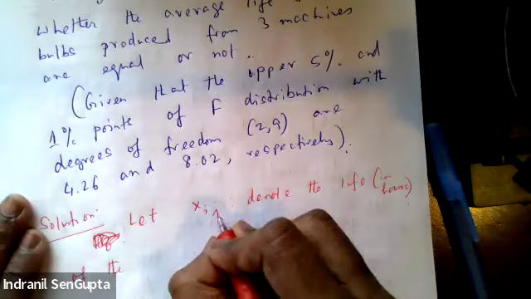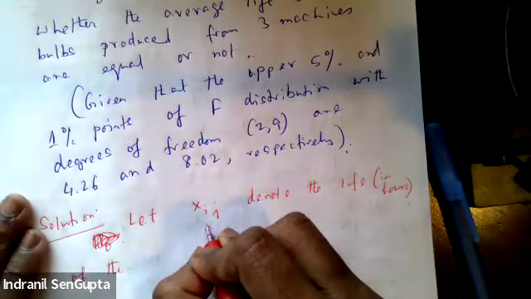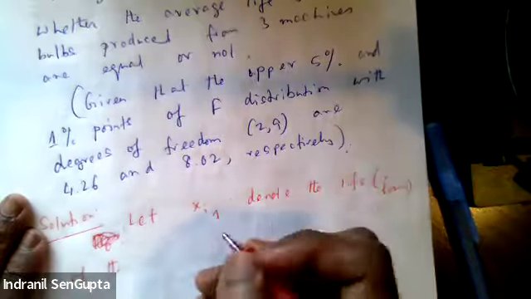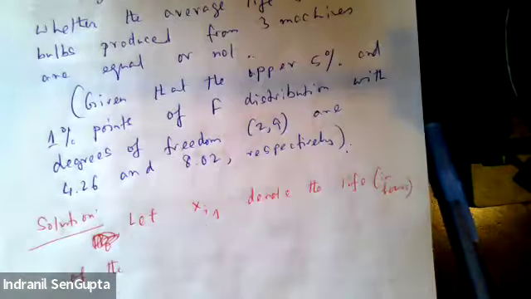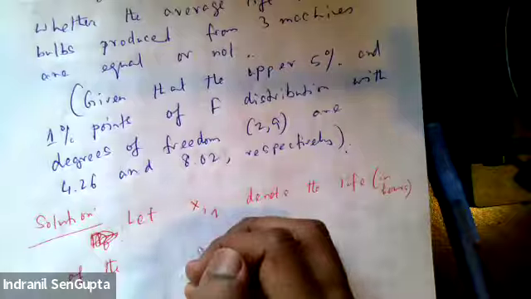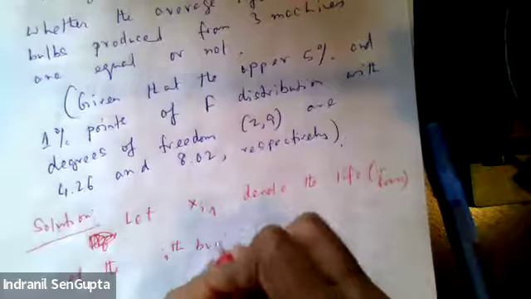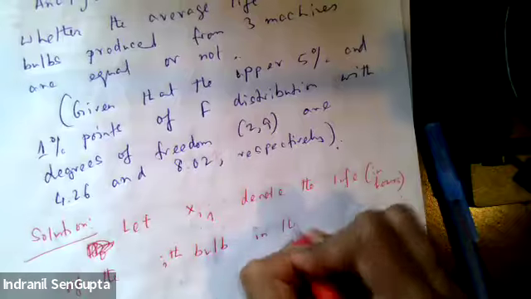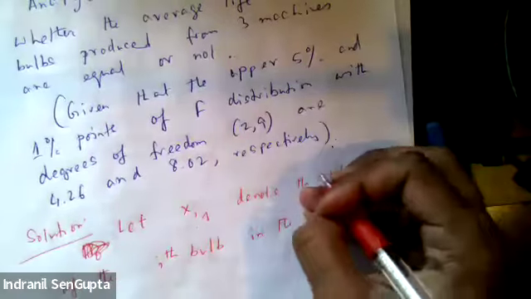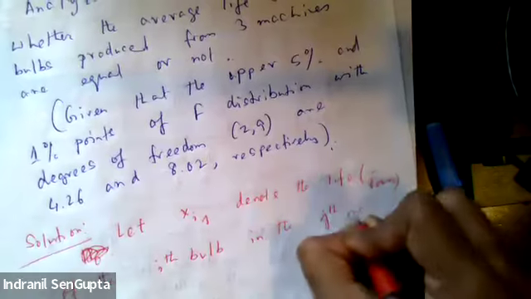So this j should be the machine number, and i should be the bulb in that machine. So Xij denotes the ith bulb in the jth machine.